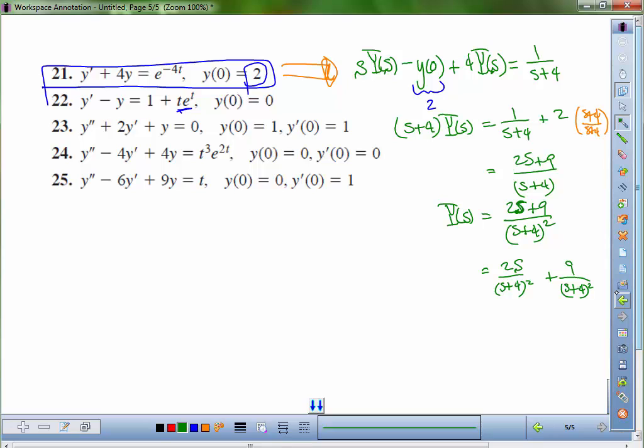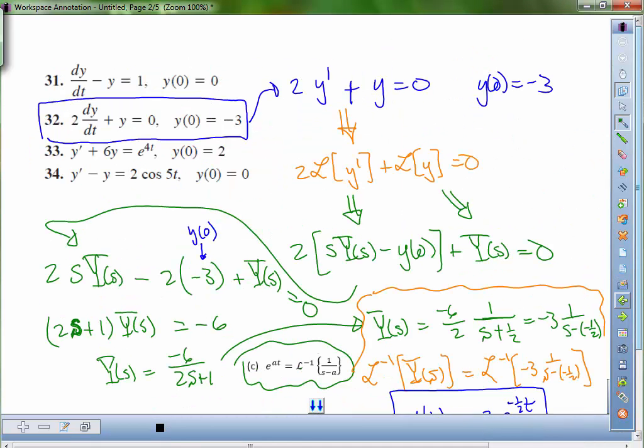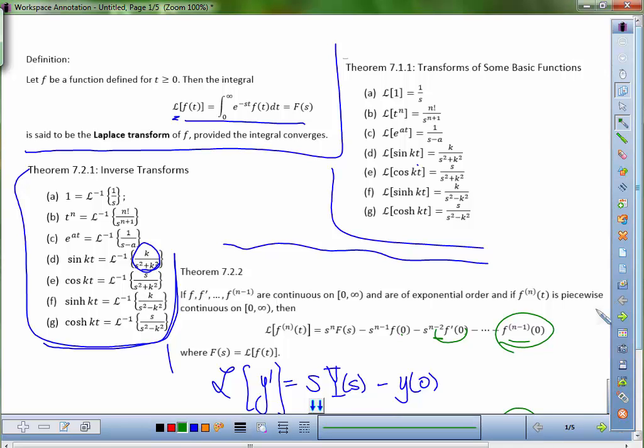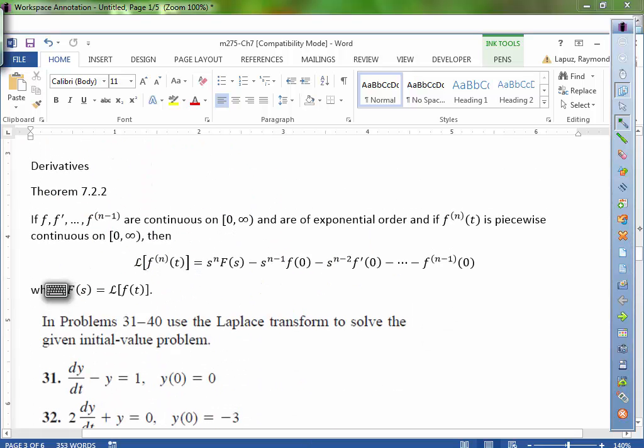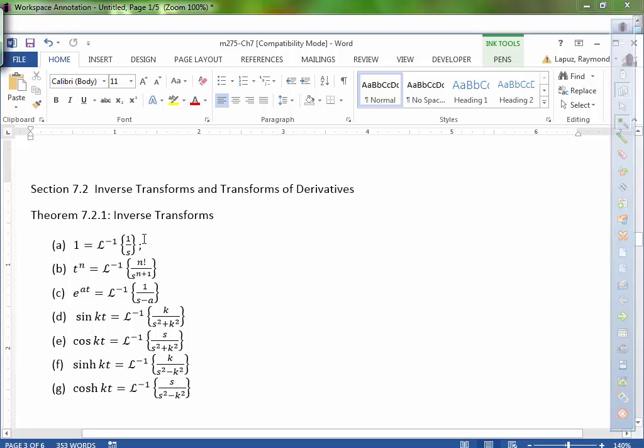So, does this look like any of our transformations? I don't think so. Let's take a look at our transformations again. I should just have a transformation list that would pop up, huh? Let's see, our transformation list. We don't have anything that's being squared or anything like that, right?